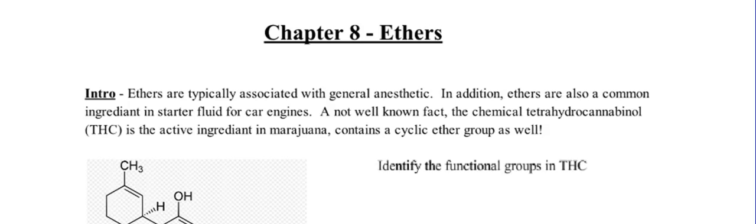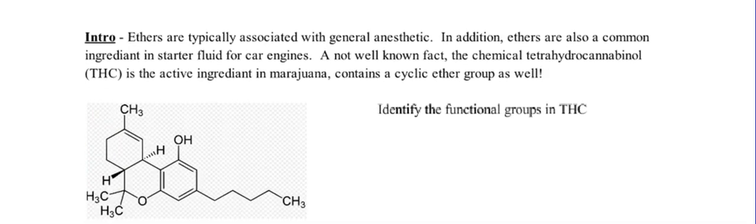I'm not trying to tell you anything about how to make it. No, we're not going to do that. But these ethers are out there, whether you've heard of them or not. So it says identify the functional groups found in this THC. Well, the first one I want to show you is right here, and that was from chapter 3. That's an aromatic.